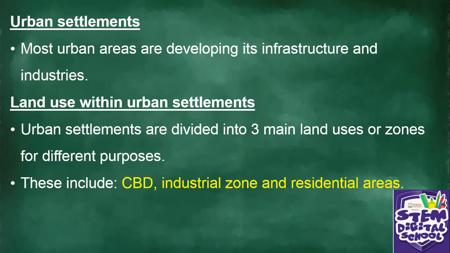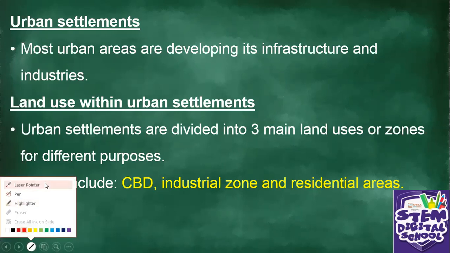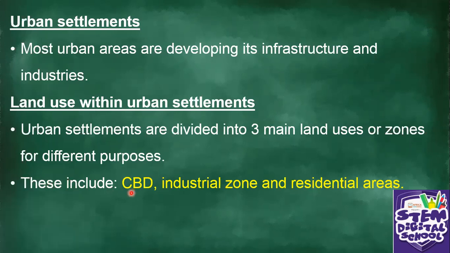So we have three main zones that are found in urban areas: CBD, industrial zone, residential areas. So we're going to look at these three land uses in detail.